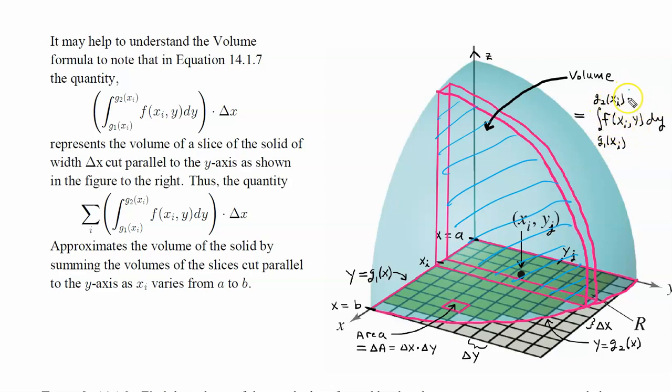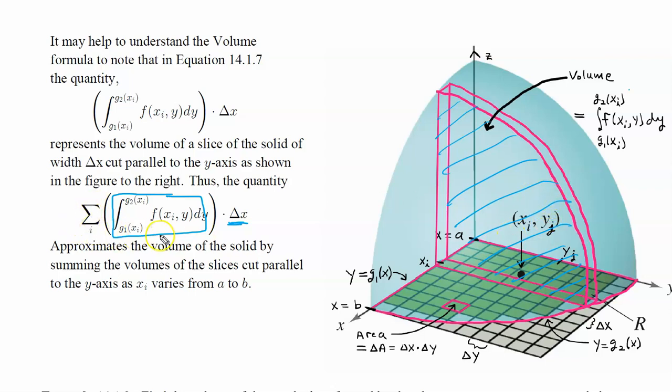So you see what this inner part of your integral is giving you. You can think of it as being like the area of this slab, the side area. That's what it's giving you. And then when you multiply it by delta x, that's going to give you the volume of this slab.